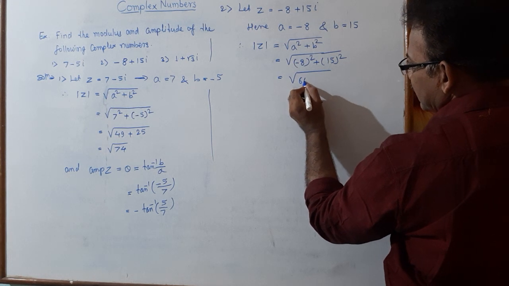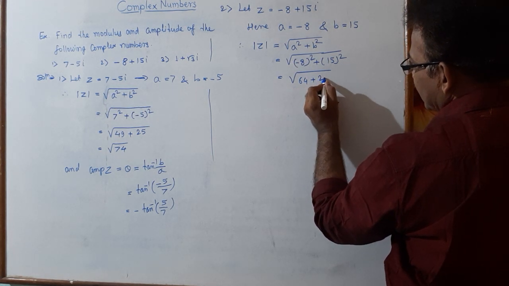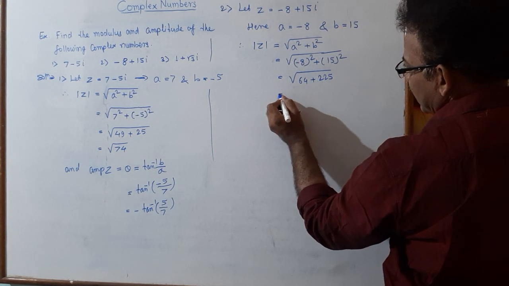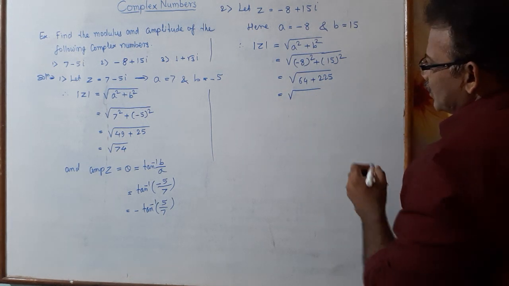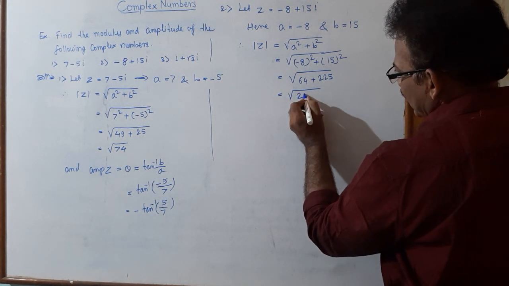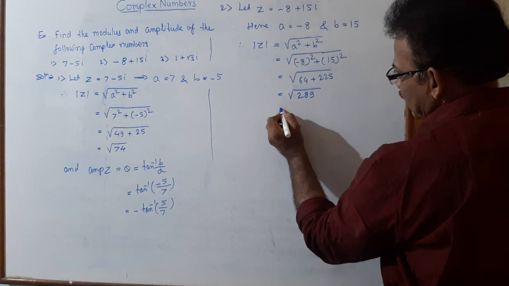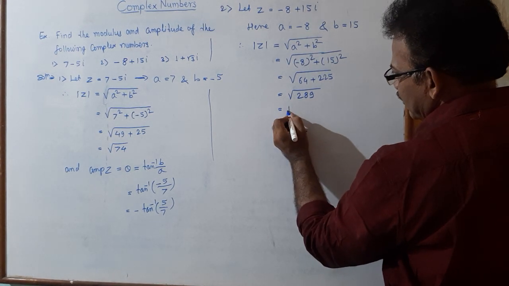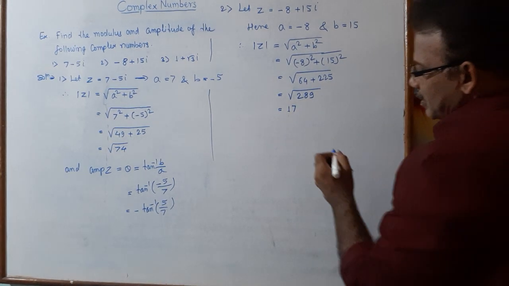We get here 64 plus 15 square means 225. So addition 64 plus 225, that is 289. Square root of 289 is nothing but 17, that is modulus of z.